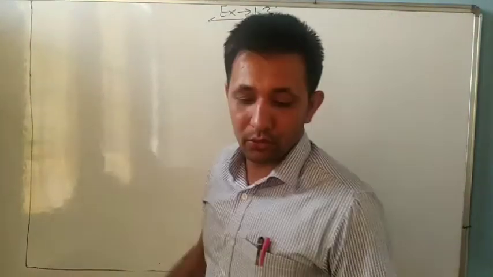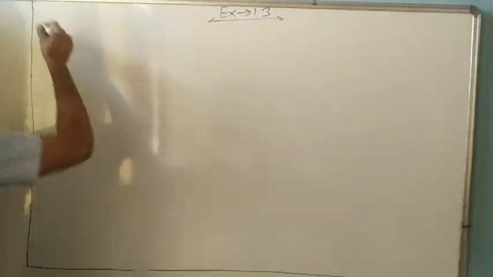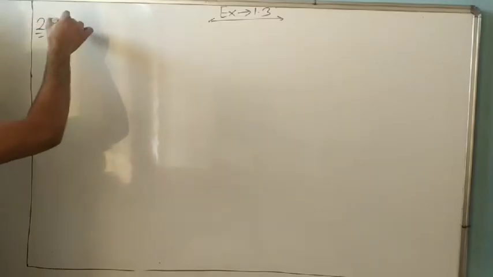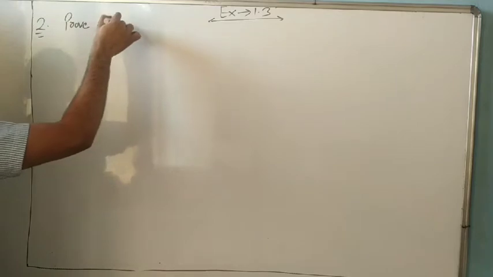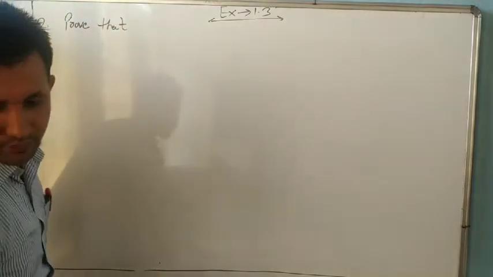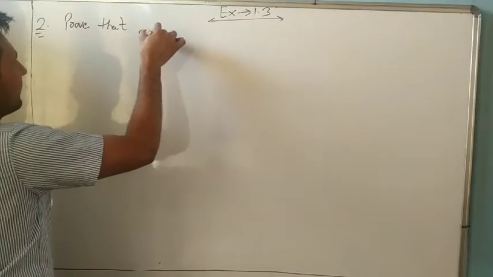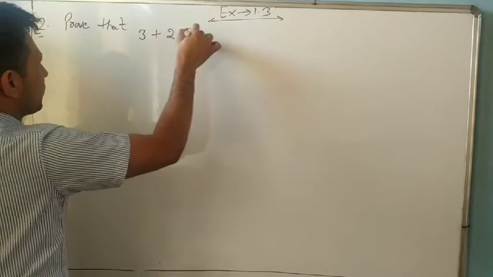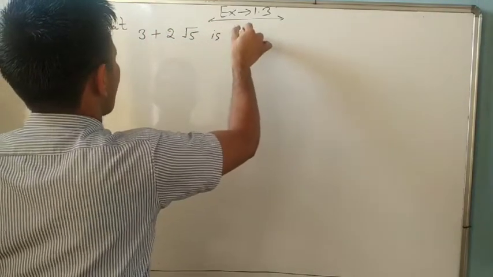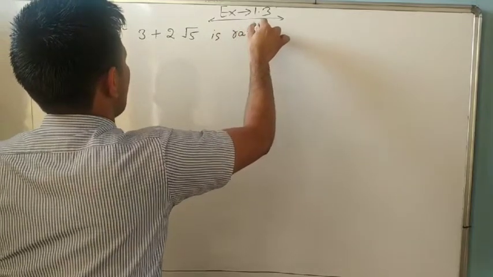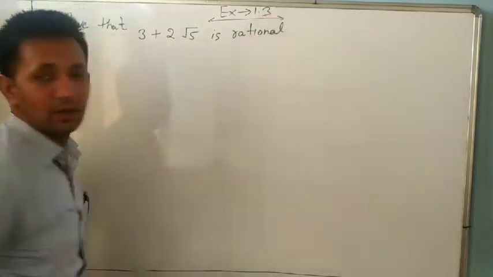So now question number 2 is given. Prove that 3 plus 2 into root 5 is irrational. Look at what we will do.